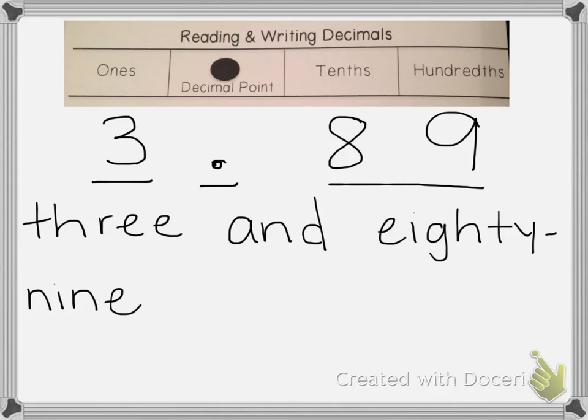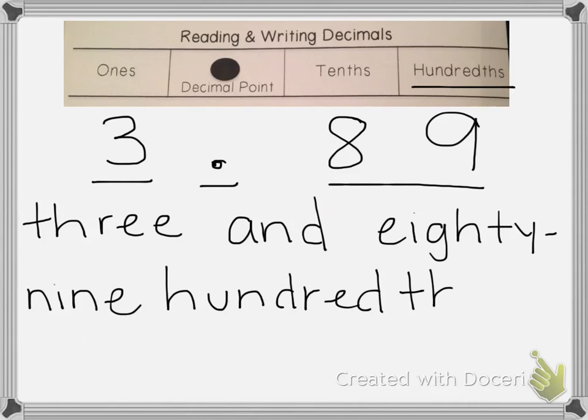And finally, we read the name of the place the last digit is in. So the last digit is always the one on the very far right. So that's in our hundredths place. So we would read this number 3 and 89 hundredths.